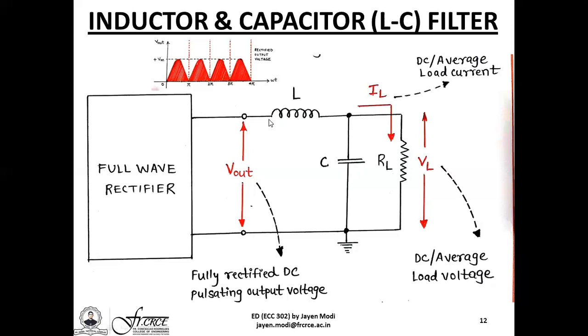Under these conditions where XL and XC both are the same, the output voltage, which is nothing but the rectified output voltage, will divide itself equally across the inductor and across the capacitor, because both XL and XC are exactly the same. So we get the output voltage across the capacitor as exactly half or 50% of the rectified output voltage. And this is definitely a loss.